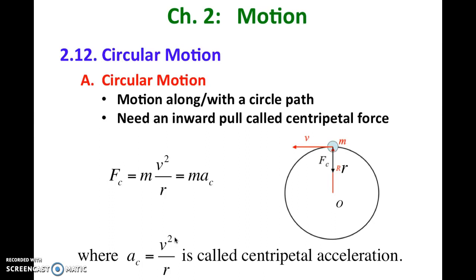That is, Fc equals mv squared over r. Comparing with the second law of motion, we can see v squared over r is the acceleration ac, called centripetal acceleration.